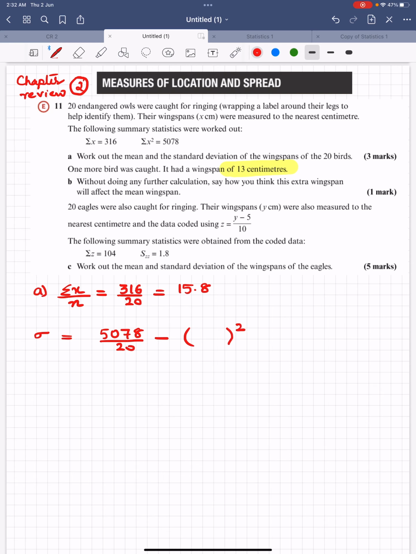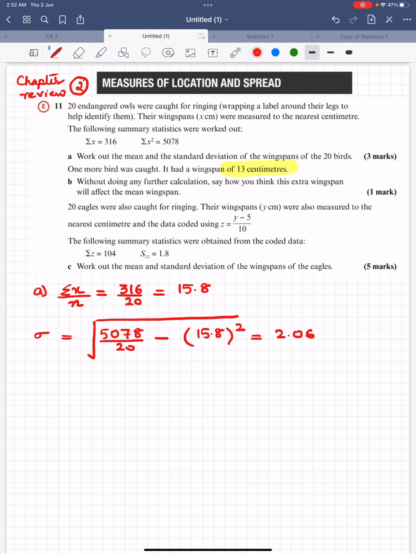We already have calculated the mean as 15.8 and we need to take the square root, and that is 2.06. That answers for part A.